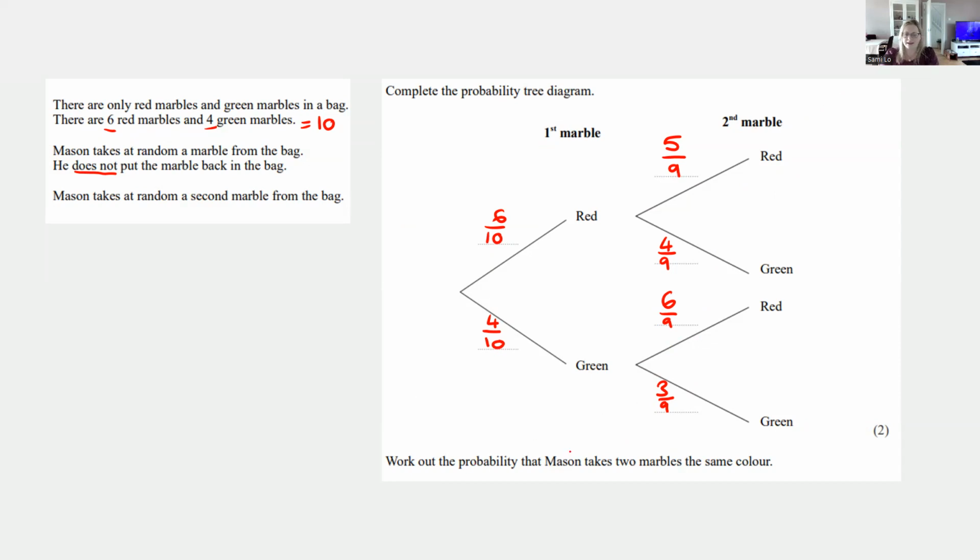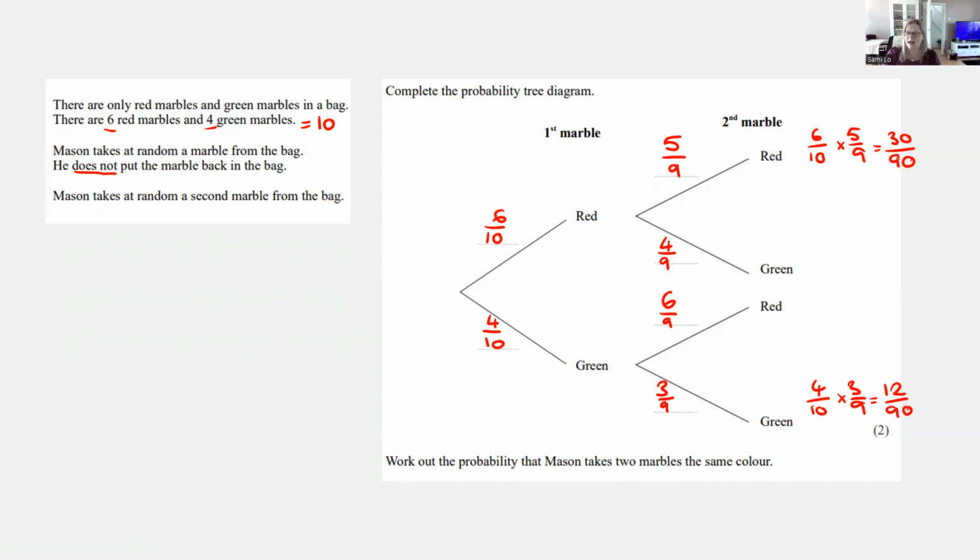Okay, the next bit is work out the probability that Mason takes 2 marbles of the same colour. Well, if he takes the same colour, it's going to be red and red, which is 6 over 10 times 5 over 9, which gives us 30 over 90. And it's going to be green and green, which is 4 over 10 times 3 over 9, which gives us 12 over 90.